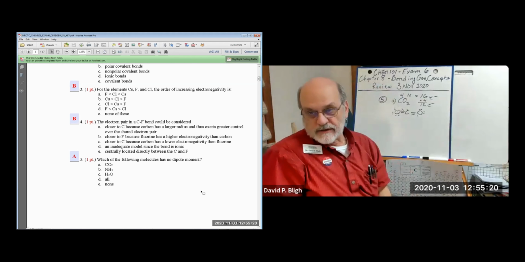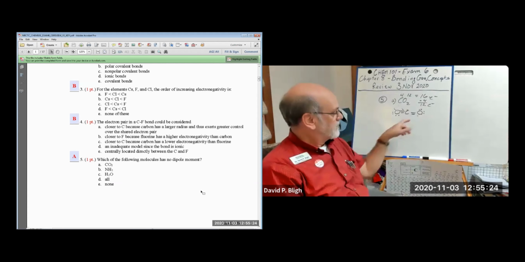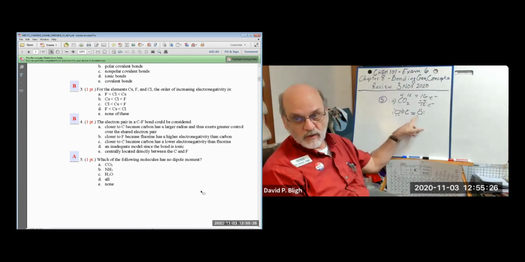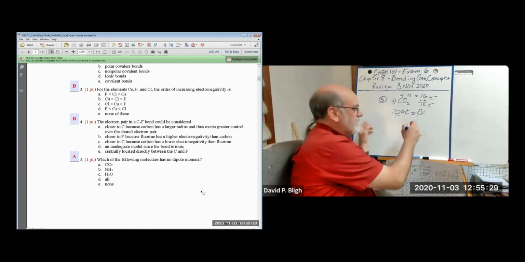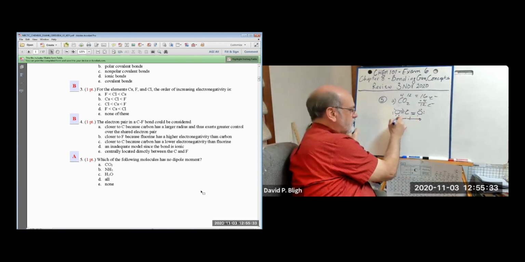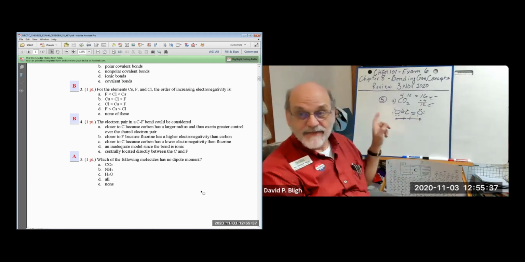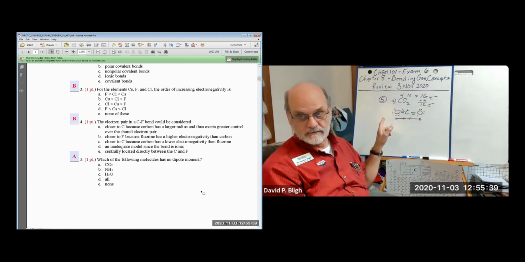Does it have polar bonds? The answer is yes, because oxygen is much more polar than carbon. So it'll have a dipole moment this way for that bond, and this way for that bond. But is that the correct geometry for that molecule?